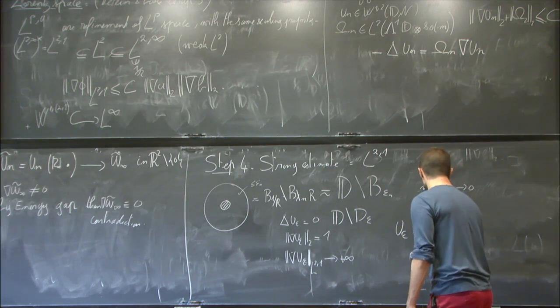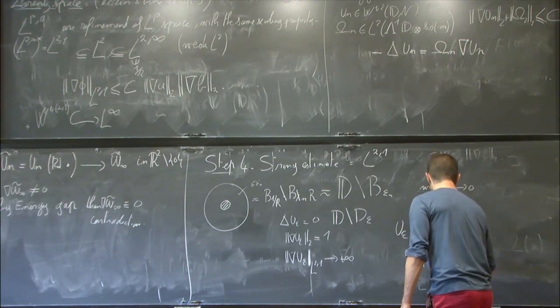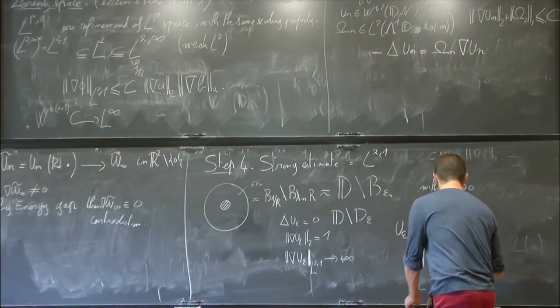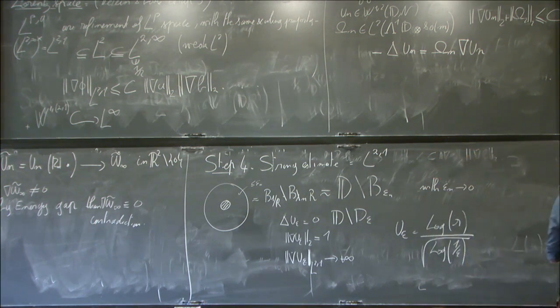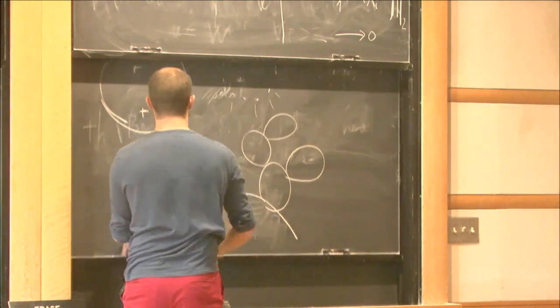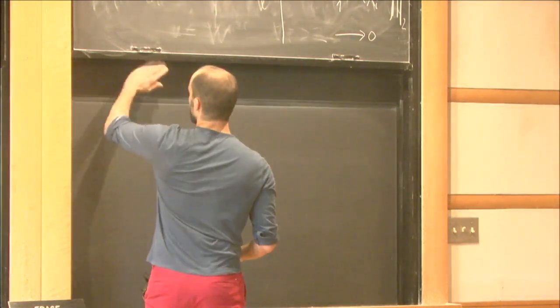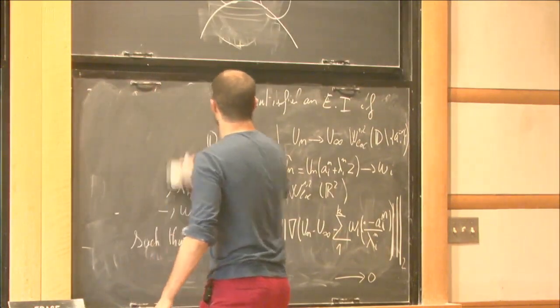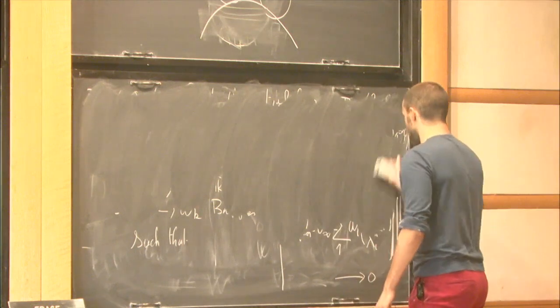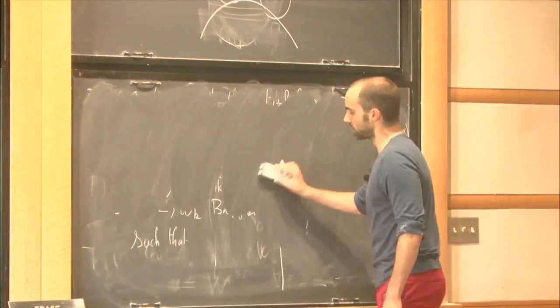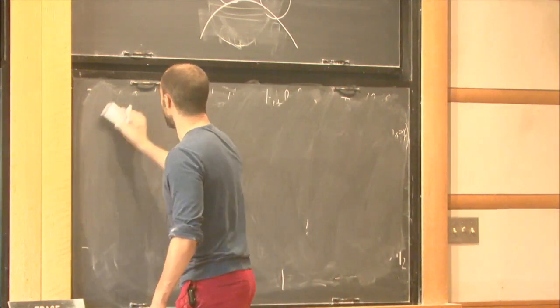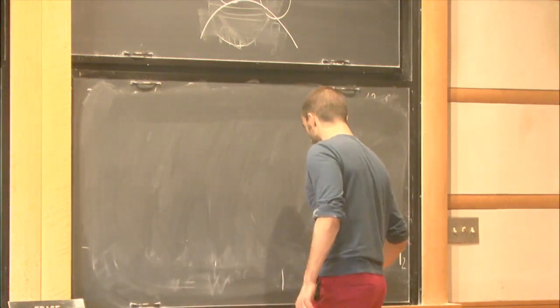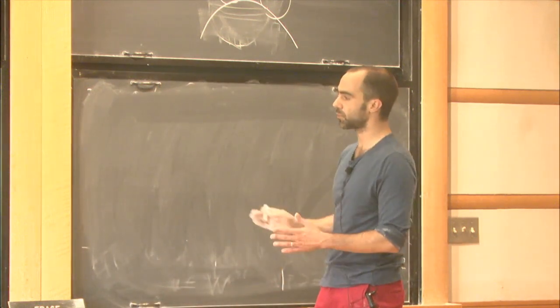But what we remark with Rivière is that the logarithm is the only harmonic function for which you cannot control the L21 norm by the L2 norm. So for all other functions, it's true, especially if you consider Fourier analysis, you can control all the angular derivatives.